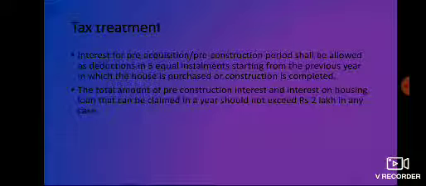The pre-construction or pre-acquisition period interest will be allowed as deduction, and this deduction will be divided into 5 equal installments. This deduction will be allowed from the year of completion of construction or acquisition. However, the total amount of this interest in each year must not exceed rupees 2 lakh.